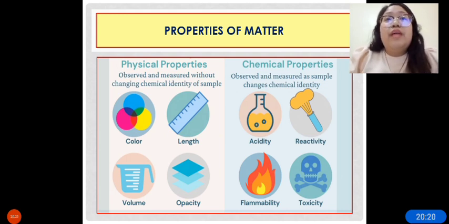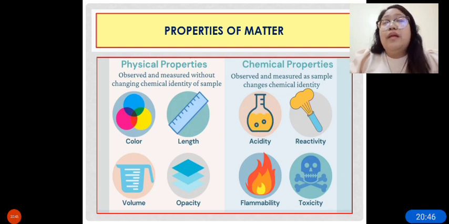Now let's talk about chemical properties. Chemical properties are observed and measured as the sample changes its chemical identity. So they're like the inner nature of matter. So we have the terms acidity, reactivity, flammability, and toxicity. Acidity is the measure of how acidic a substance is.